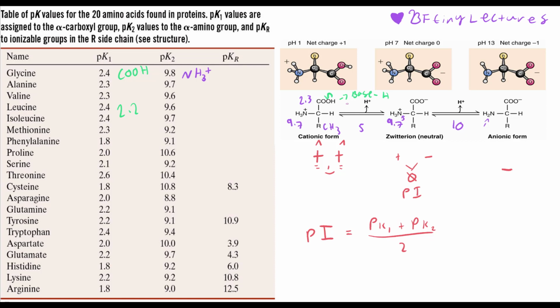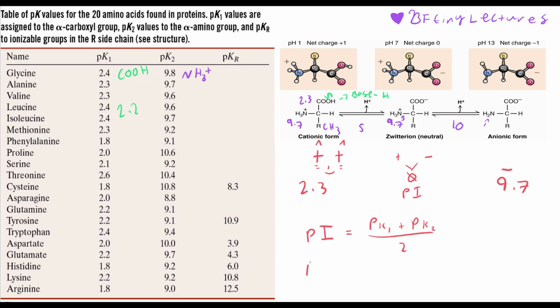But in this case, the value over here is going to be 2.3. So we start with the really acidic value first, okay? So 2.3 for the carboxyl group. And over here was 9.7. Okay, I'm not using 5 or 10. No, I'm using the actual pK value for the groups. So the pK value for the most acidic portion right here would be the carboxyl group, 2.3. And then I'm going to use the most basic value over here, which would be for the amine, 9.7.